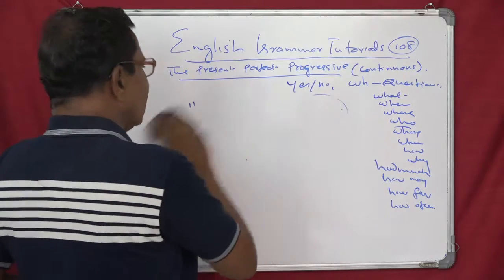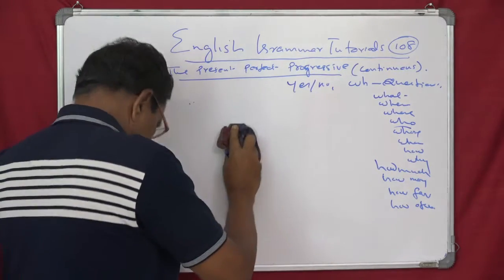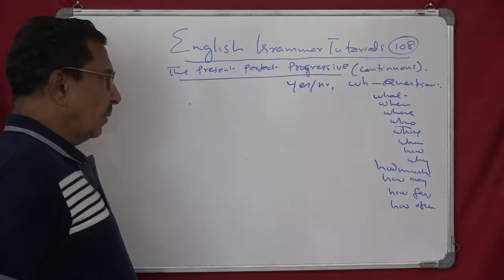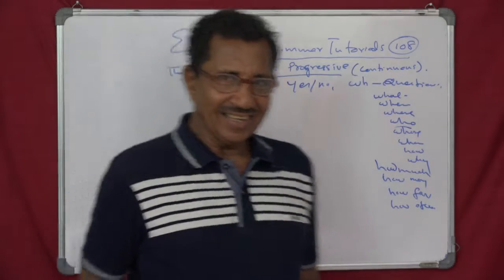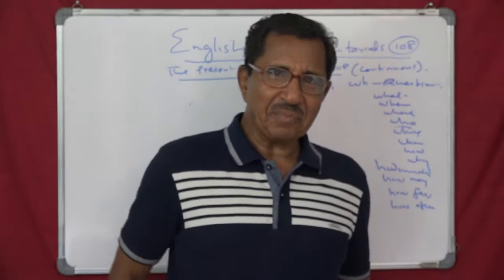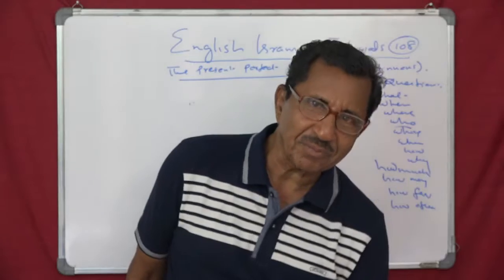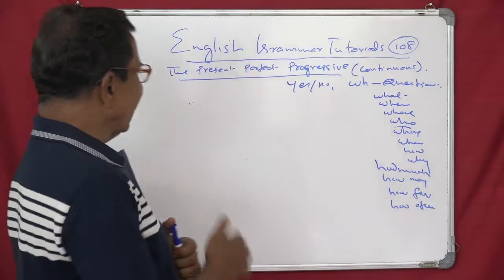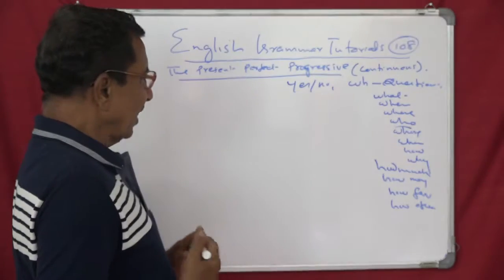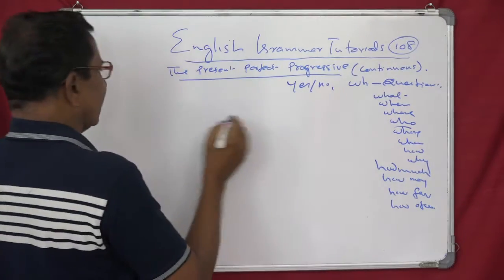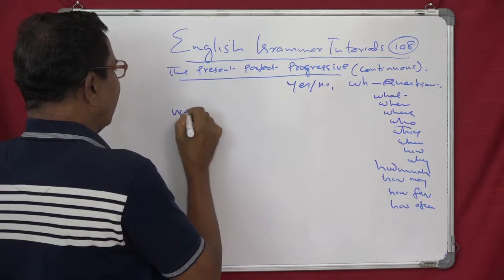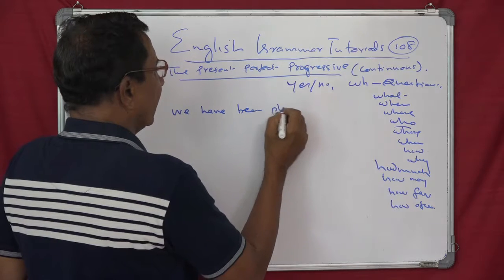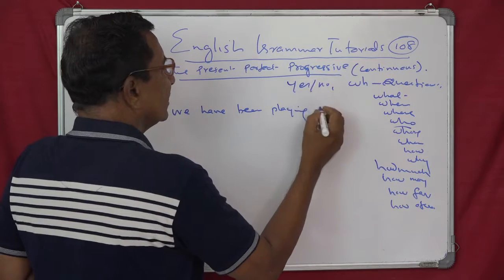Understand? Based on this, yes-no questions as well as WH questions. Right? Yes. So the cap of my pen has gone down, so I am just picking it up. Alright? Now the next one is, let's say like this: We have been playing chess.